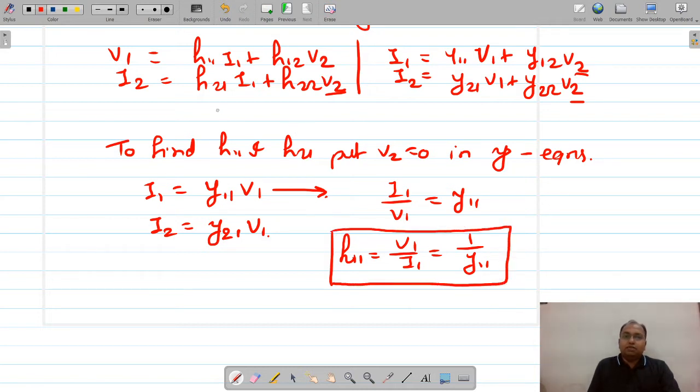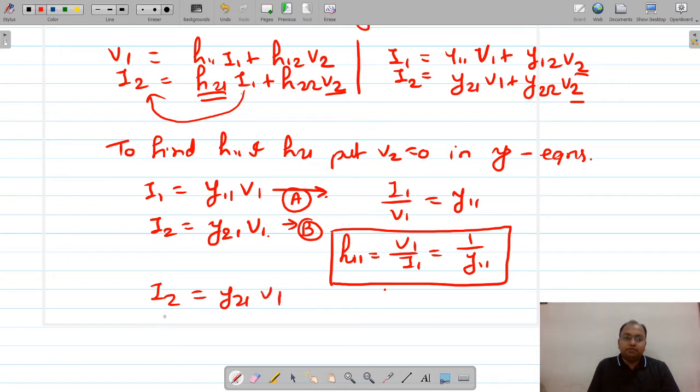And the second parameter is the ratio of i2 to i1, right? So let us take the ratio, taking the second equation in the numerator and the first in the denominator. i2 is equal to y21 v1, divided by i1 is equal to y11 v1.